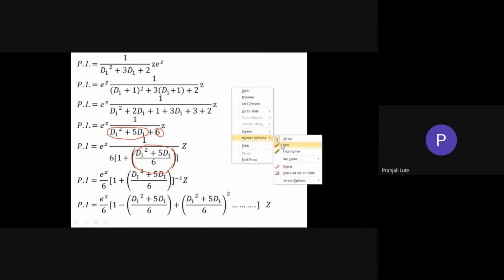So next, e to the power z upon 6, 1 minus 5D1 upon 6, into z. Then multiply by z: e to the power z upon 6, 1 into z minus 5D1 upon 6 into z. D1 means a single derivative.